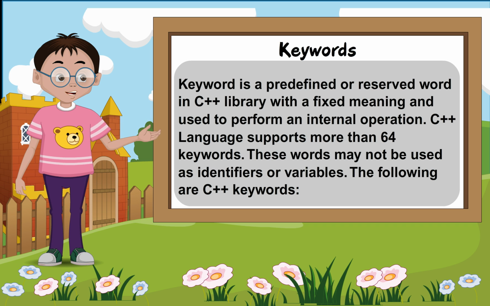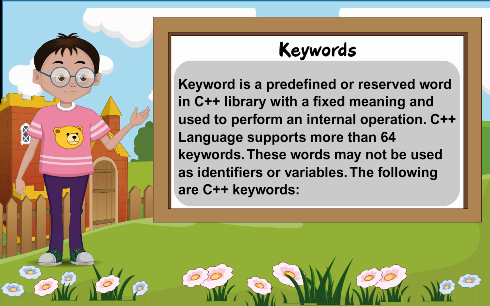Keywords. A keyword is a predefined or reserved word in the C++ library with a fixed meaning, used to perform an internal operation. The C++ language supports more than 64 keywords. These words may not be used as identifiers or variables.